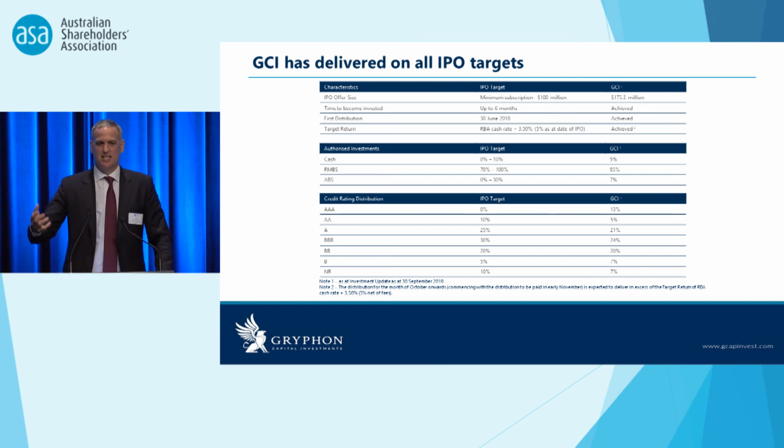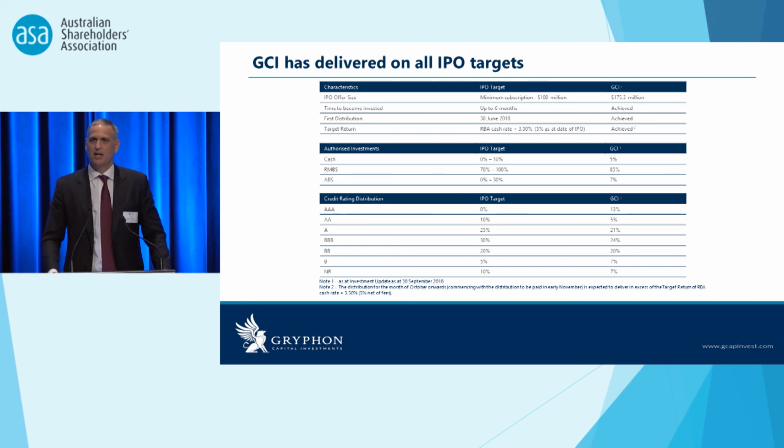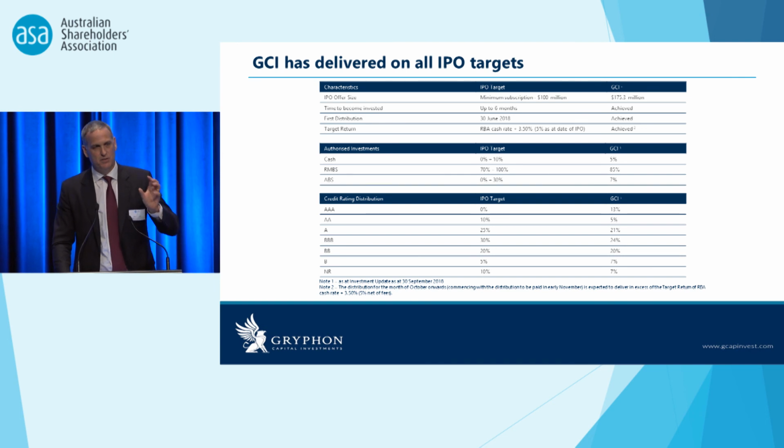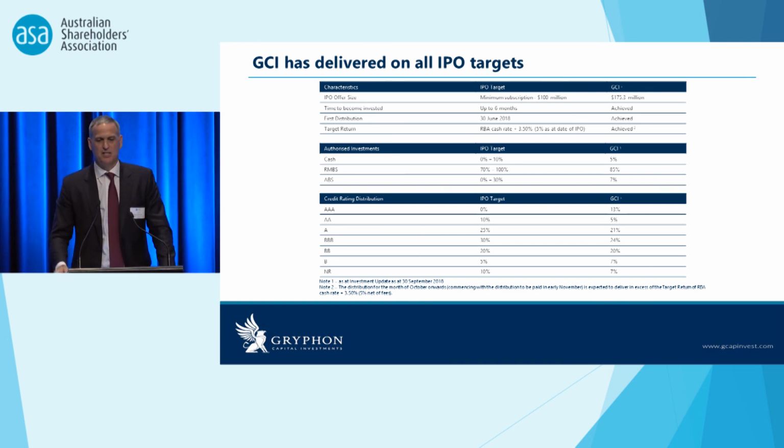And what was the success of it? So we actually came out and we marketed and we gave IPO targets and ended up raising 175 million. And what I want you to take away from this little table is when you go out marketing in terms of a public disclosure document, you have to come up with some investment guidelines.